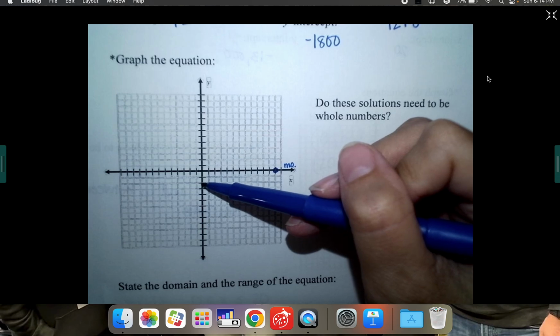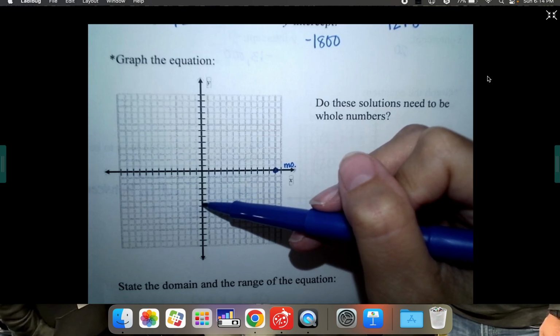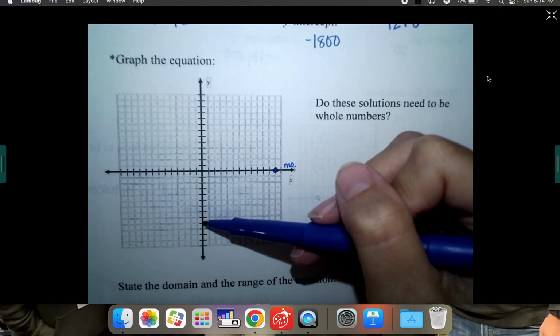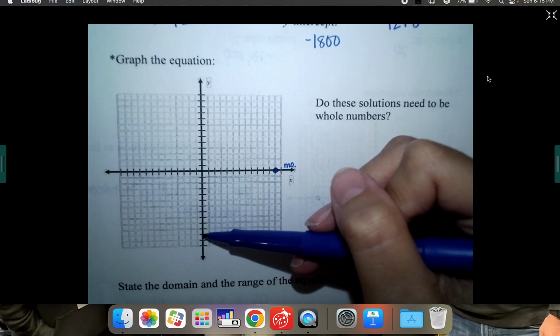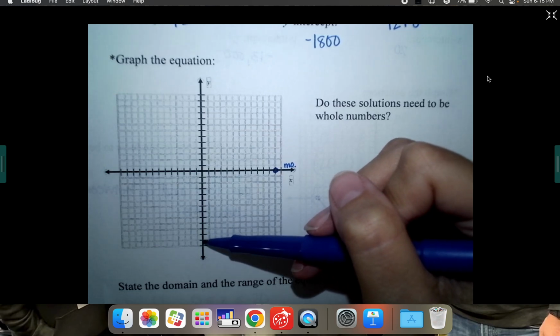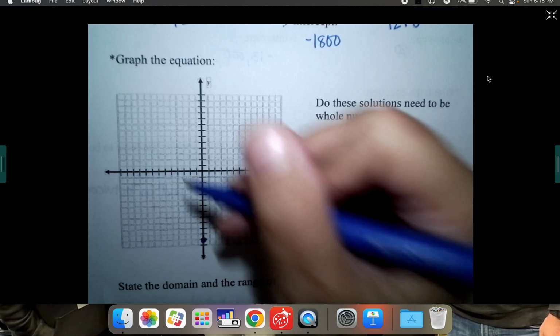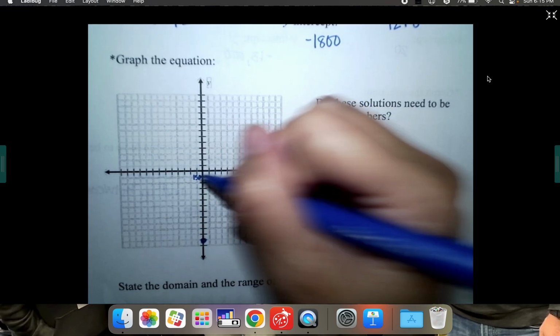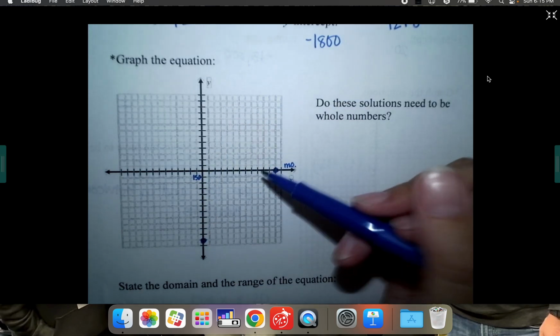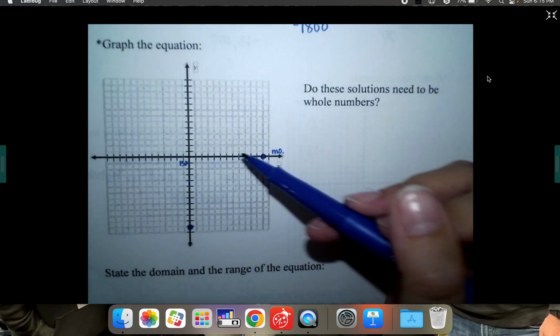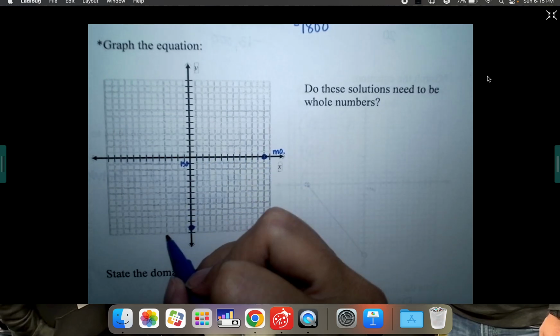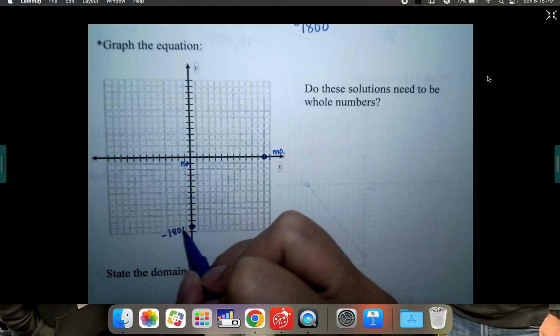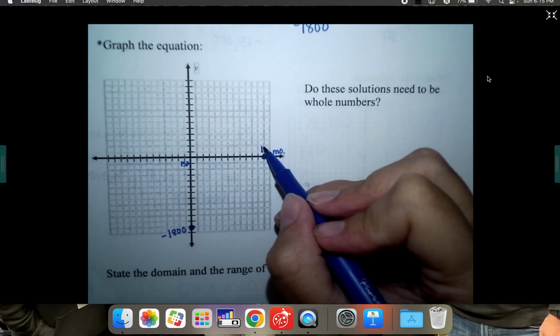So 3, 6, 9, 12, 15, 18. So we're going to go at 150s going down, negative 150s. Okay, so your y-intercept is negative 1,800 and your x-intercept is positive 12.